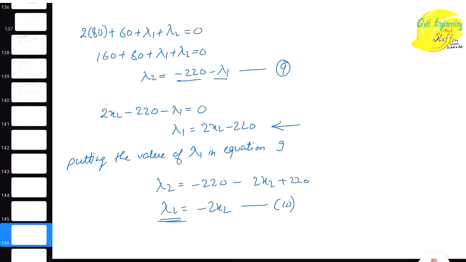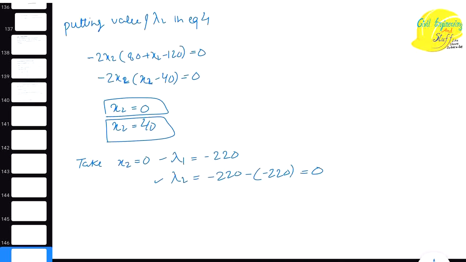All right, so what we are going to write: point x2 equal to 0, x1 is equal to 80, does not satisfy or violates case, what case?